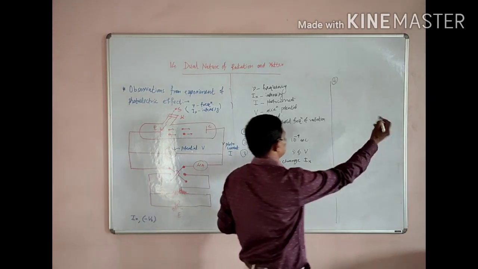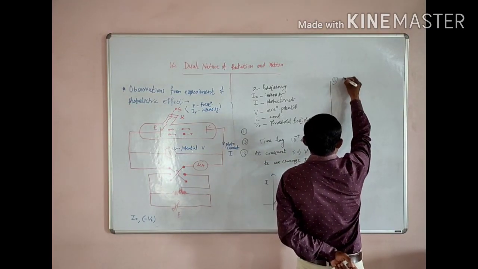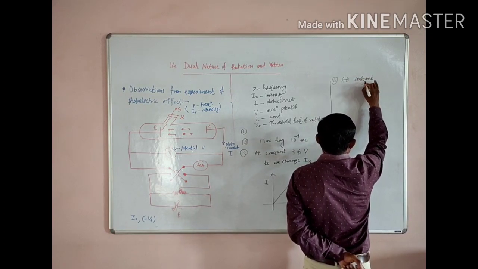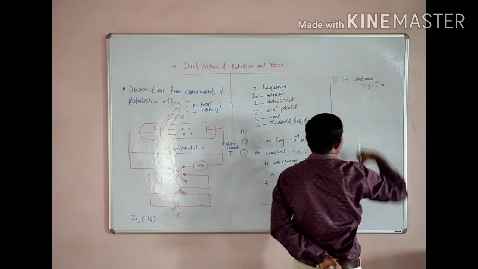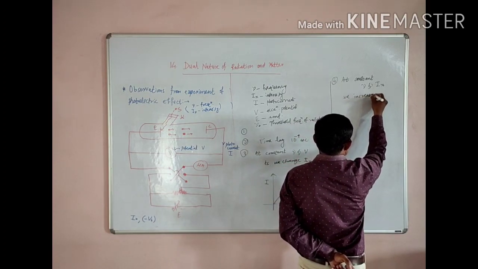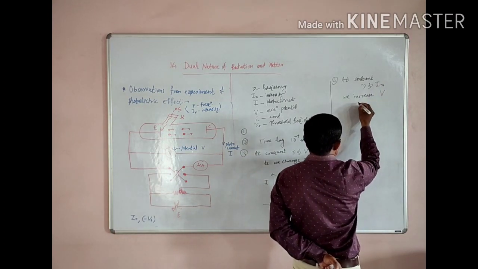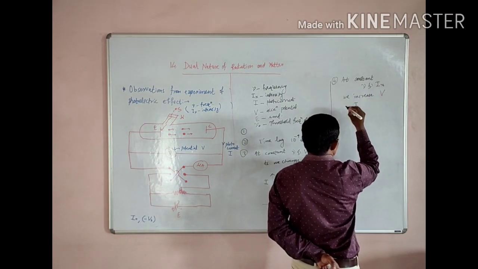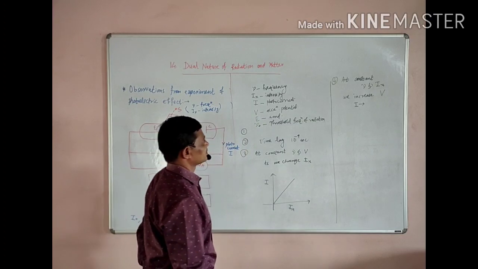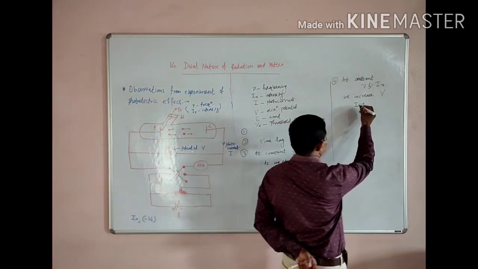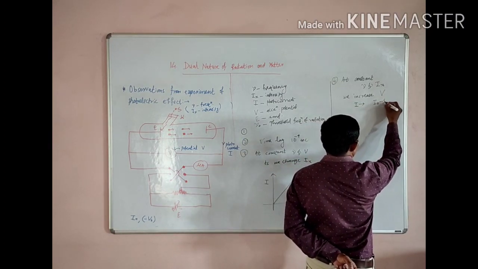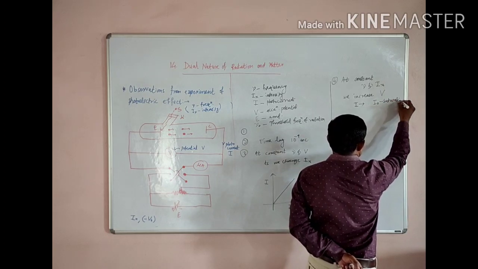It is observed that at constant frequency and intensity of incident radiation, as we increase the accelerating potential V, initially the photocurrent I goes on increasing, and beyond that it becomes constant. This constant current is called the saturation current. It is denoted by I0.